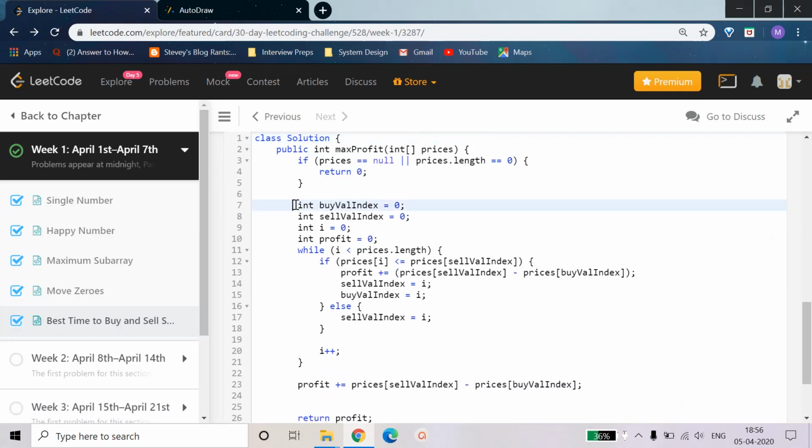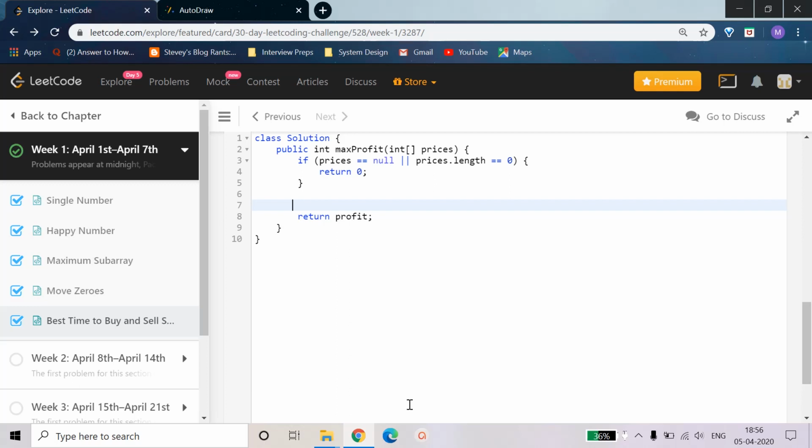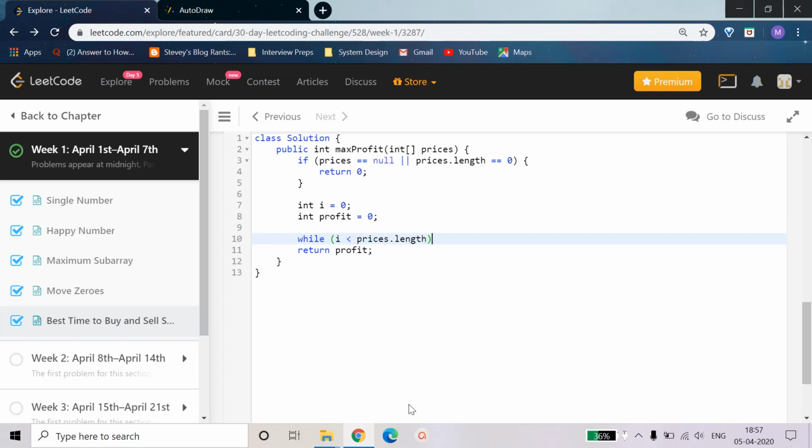So ideally what we'll need is a runner and a profit, and while I'm iterating through all the elements, what I want to do is check if the element at index I is less than the element at index I plus 1.